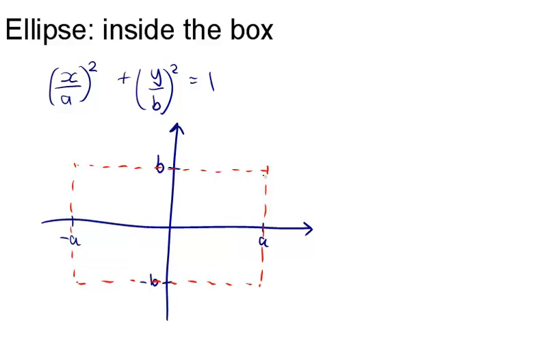Now, my ellipse lives inside this box. I'll show you where it is. There, touching the edges of the box at the points where it crosses the x and y axes. So your ellipse lives inside the box.